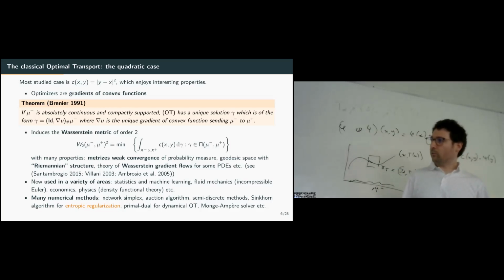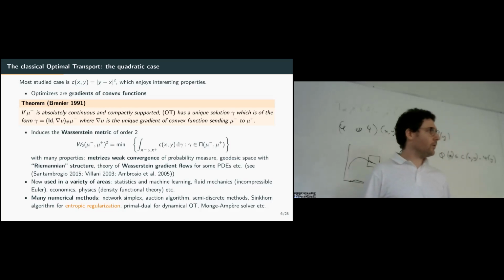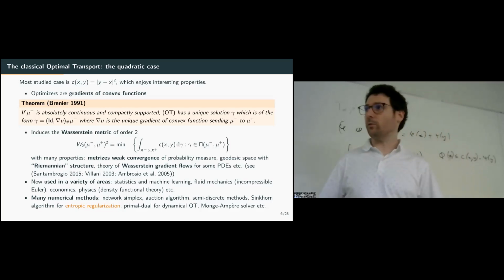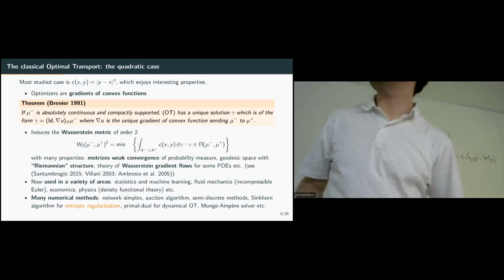And the one that we will be interested in here, which is more related to the talk, is the Sinkhorn algorithm, which is related to the entropic regularization that I will define just in an instant. Okay, so the Sinkhorn algorithm is just like a block coordinate ascent on the regularized optimal transport problem, which is this one.